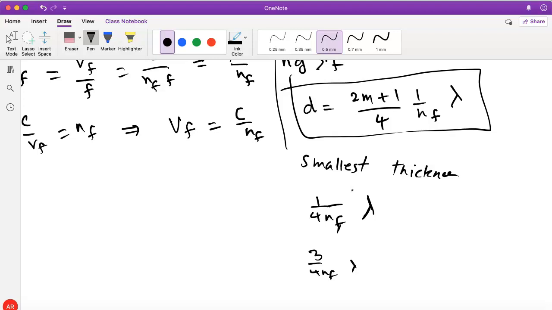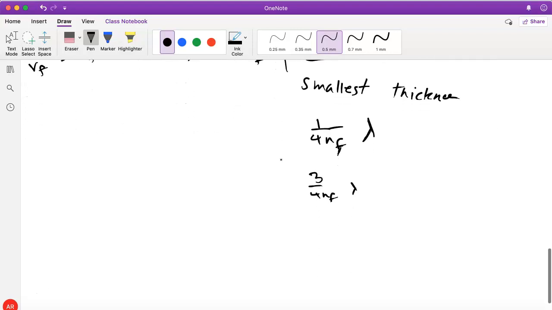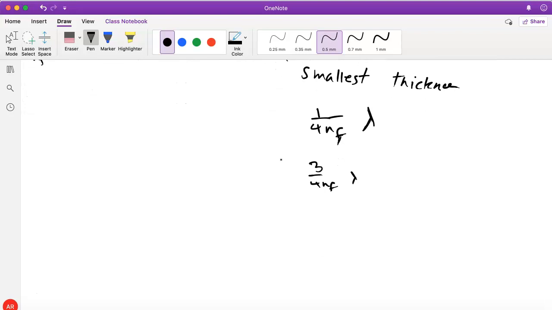So, of course, the thing is we can't really do it for, at least with just one film of thickness d, it's not going to work for all frequencies or all wavelengths in the visible range. But you can pick your frequency. You can decide what frequencies you want to cancel. Or pick somewhere in the middle of the visible range or something like that.